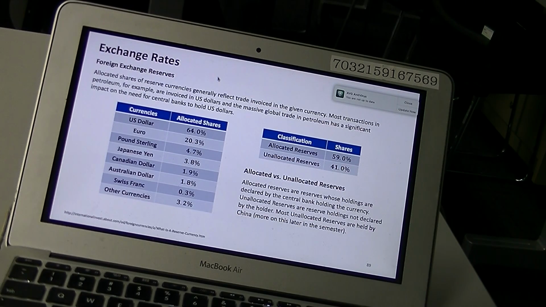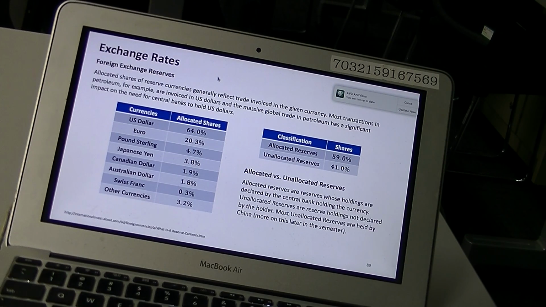This data is from 2015, and it gives a good example of that. The U.S. dollar in late 2015, about a year and a half ago, had 64% of allocated shares.